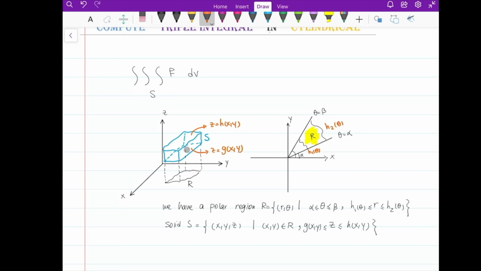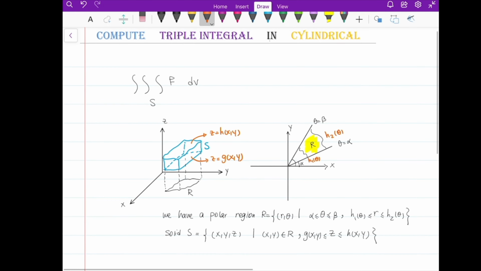Okay, now if I want to write this triple integral in cylindrical coordinates, I would write it like that. I'm going to transform everything into polar. So f of (x, y, z) in here would be f of (r, theta, z).